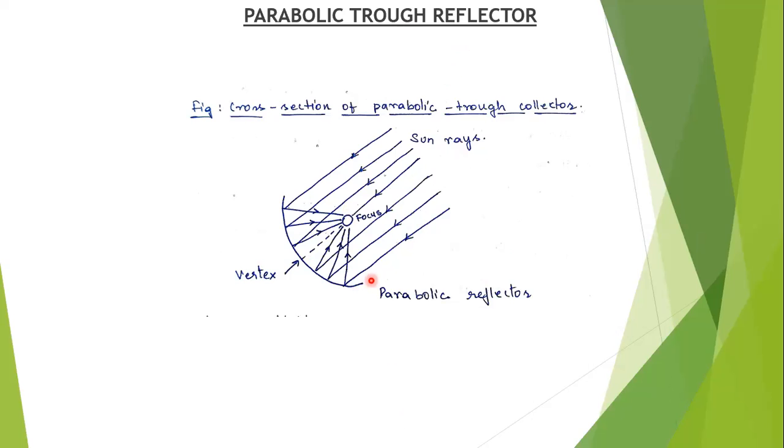If you turn this in the north-south direction, the north end of the trough is raised. This is the north side, this is the west side. The side of the parabola which is on the north side is somewhat raised up, so that the collectors are sloped.